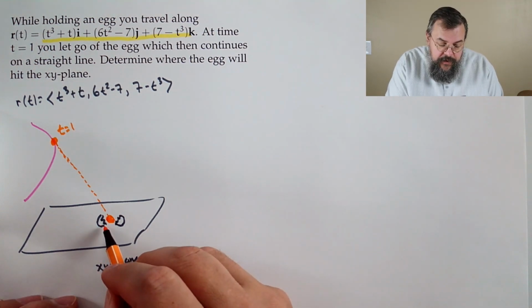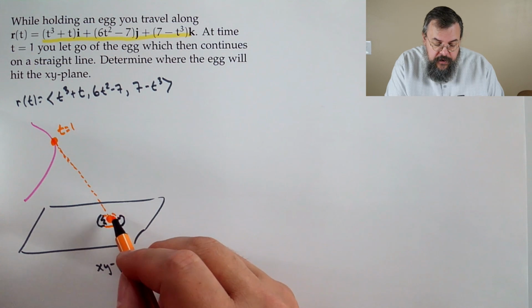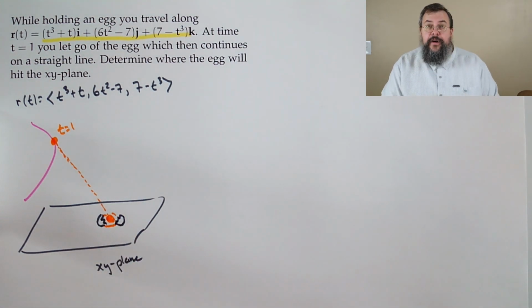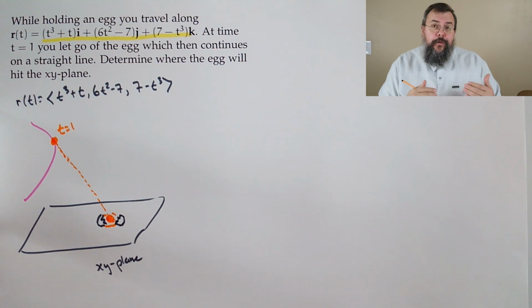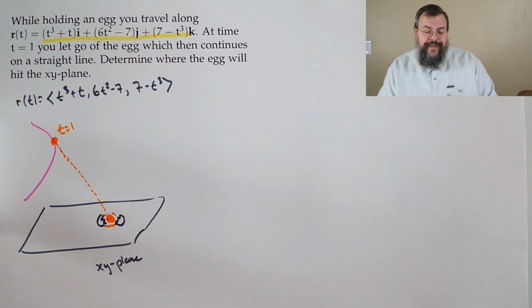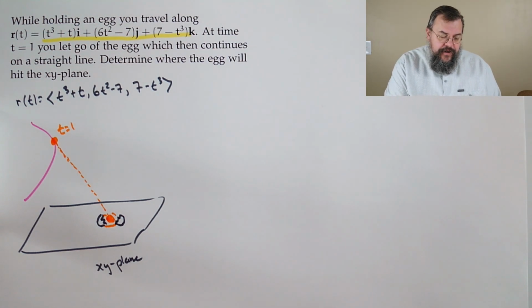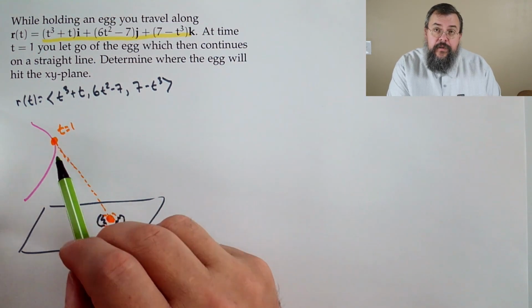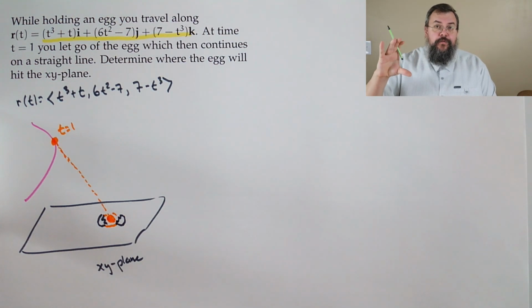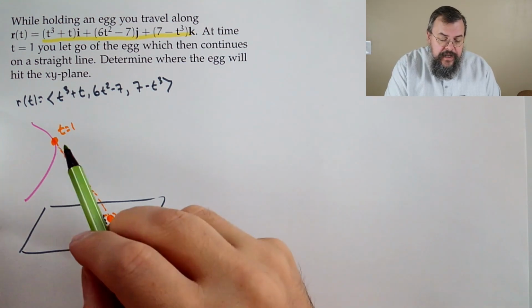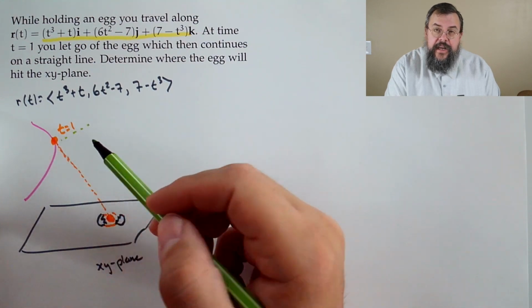Okay, so now, of course, the question is, where does it hit the xy plane? To answer that, we need to think about, what's this line it's following? Now, if you think about it, the egg isn't going to be released because we're chucking it. We're just letting it go. It's not going to fly off in some sporadic direction.